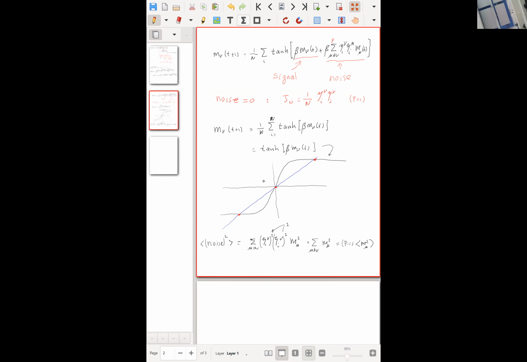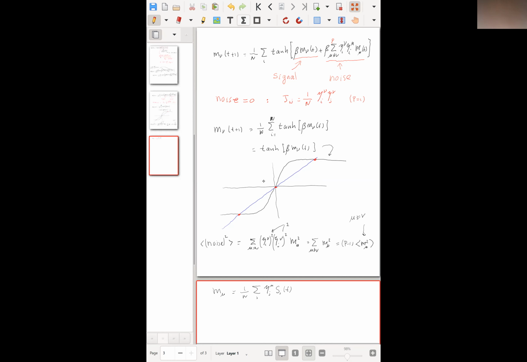Where it's implied this averages over the mu, this mu not equal to nu. Okay. And remember, how big is m_mu? So m_mu is equal to 1 over n, the sum on j of eta_j mu s_j of t.